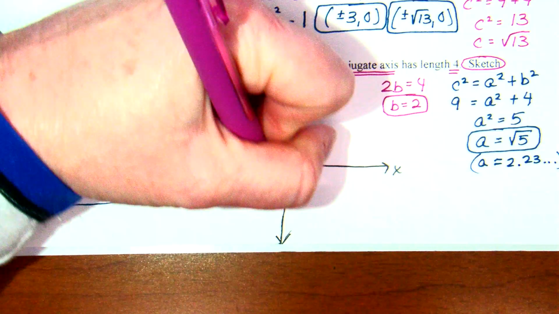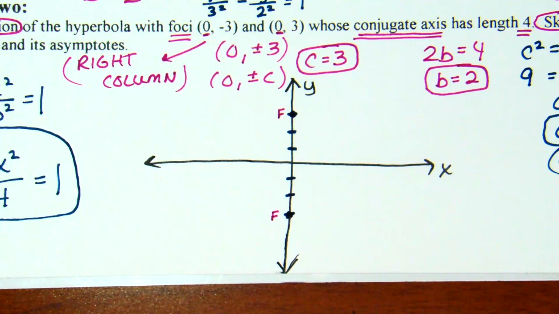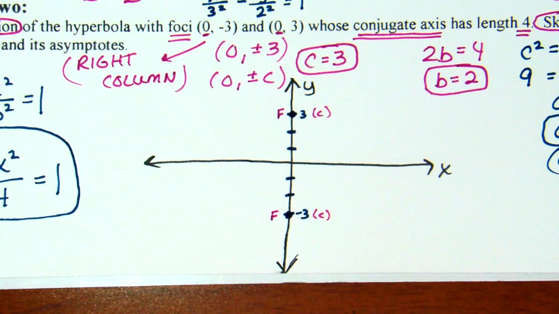I put my foci at (0, -3) and (0, 3) because that's where they told me to put them. Now, keep in mind that 3, we went up 3 and down 3, yes? That 3 is also what? That is also my C value. So in order to get to your foci, you're always using your C value. So even if we're not told our foci, we find our C, and that is how we get to our foci.